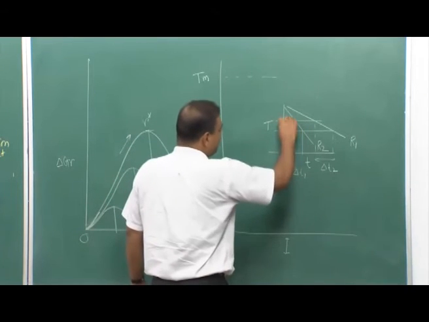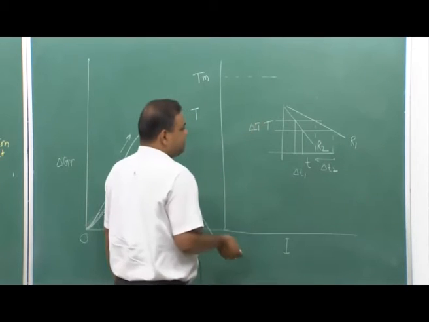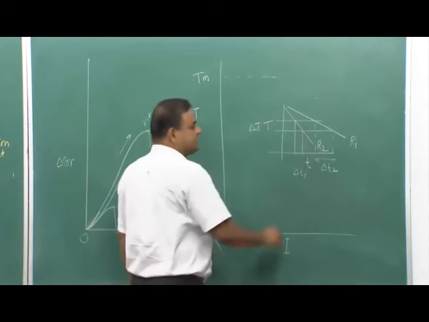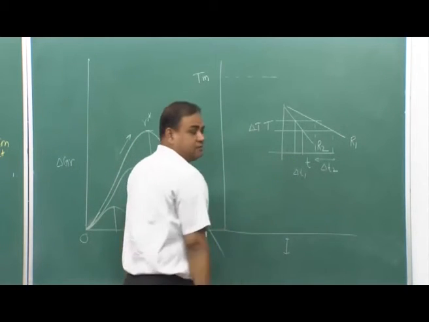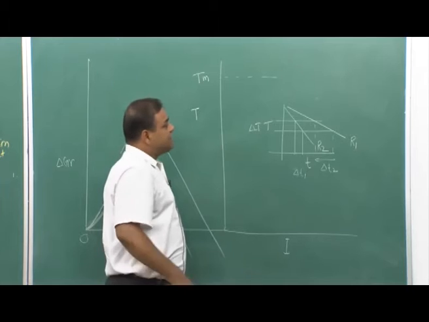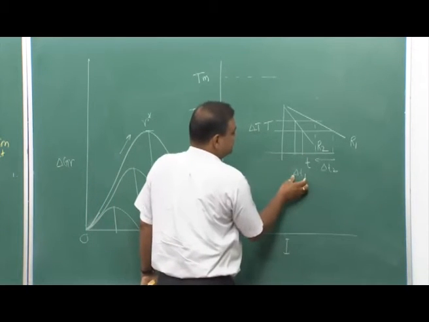Now, we are going by the same del T, but if the cooling rate is fast, we can achieve that del T much quicker than when the cooling rate is slow.